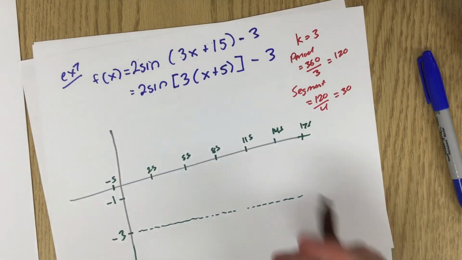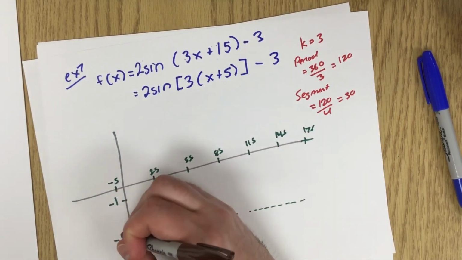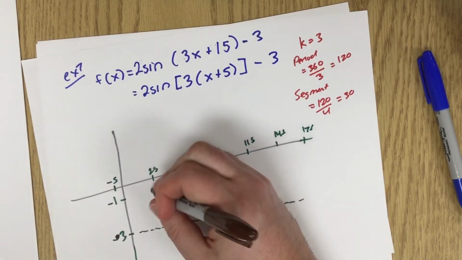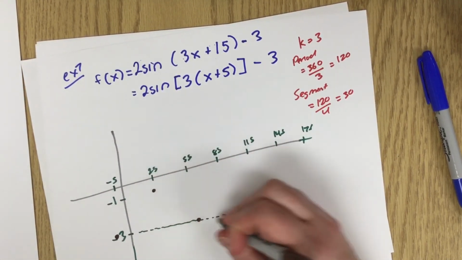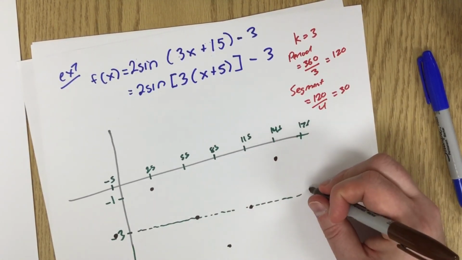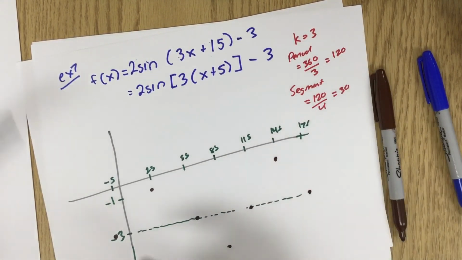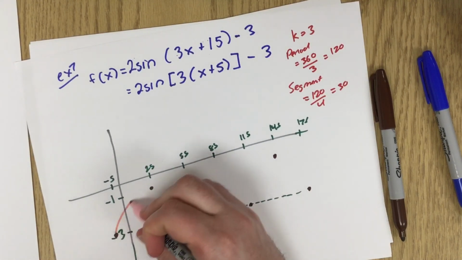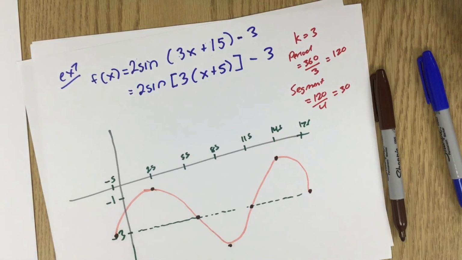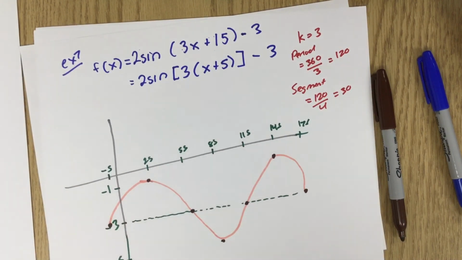This is a sine graph, so it's going to start in the middle at the beginning, to the top, to the middle, to the bottom, to the middle, to the top, to the middle. And there. Wow. Horribly drawn, but that's the right idea. It's just a sketch. Doesn't have to be perfect.